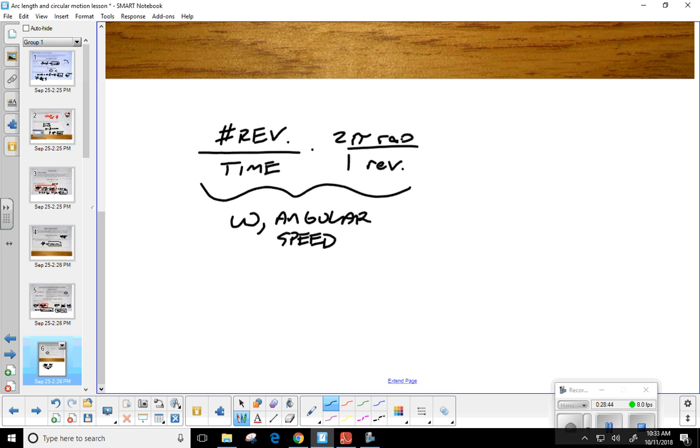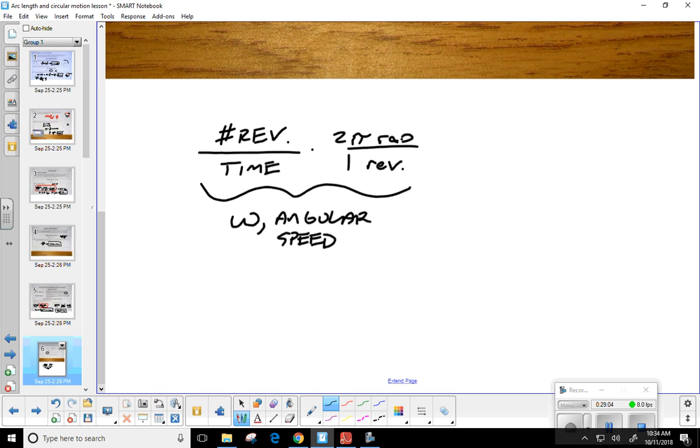Now, once you have the angular speed in radians per time, what's the one thing you have to do and you now have linear speed? Just one little detail. Look at the formula. Aiden? What's that again? Multiply it by the radius.